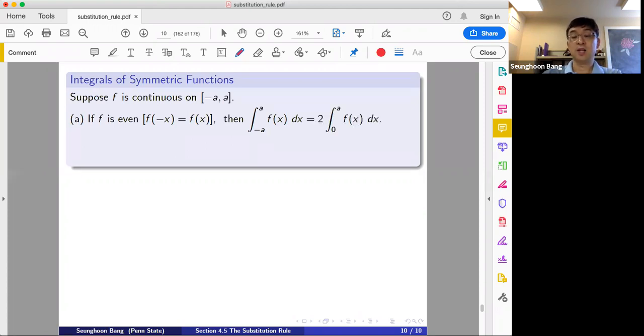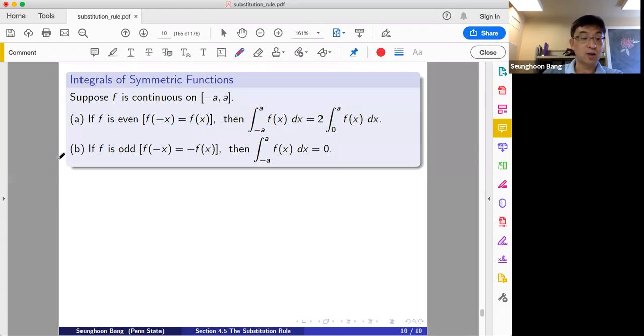It is 2 times the integral from 0 to a of f of x dx. If f is an odd function, f of minus x equals minus f of x, the integral from -a to a of f of x dx is always 0. These are symmetric functions. This makes sense now.